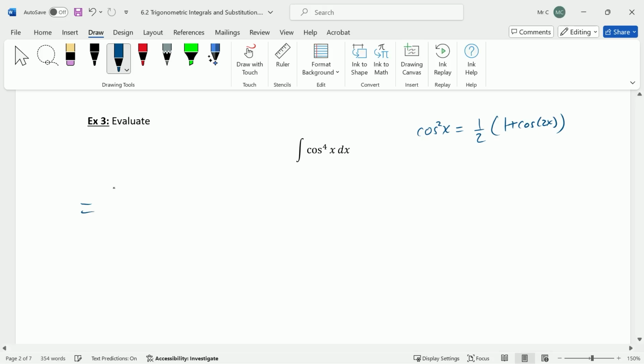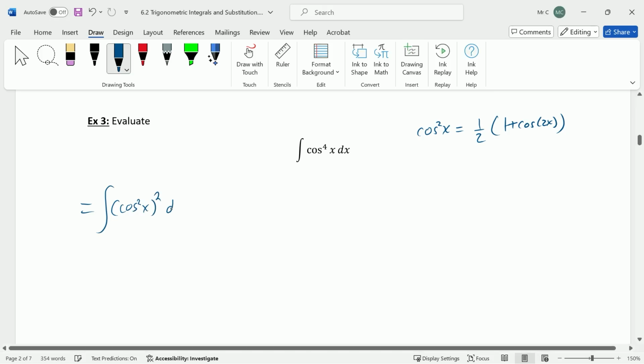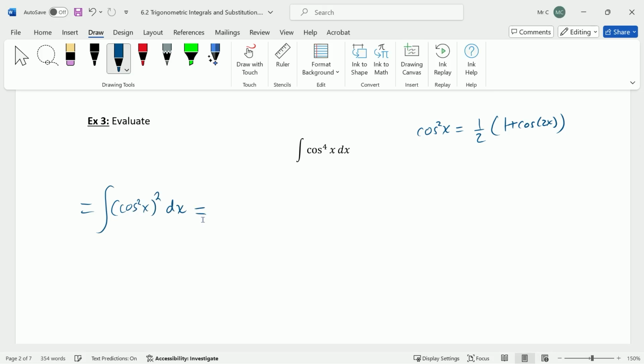So what I'm going to do first is go, well, this is cosine to the 4th power, but the 4th power is the same thing as saying cosine squared squared. So this becomes the integral of 1/2 times 1 plus cosine of 2x, all squared. And since this is a product of 1/2 in this expression, we can apply the square to both terms and get 1/4 times 1 plus cosine of 2x squared.